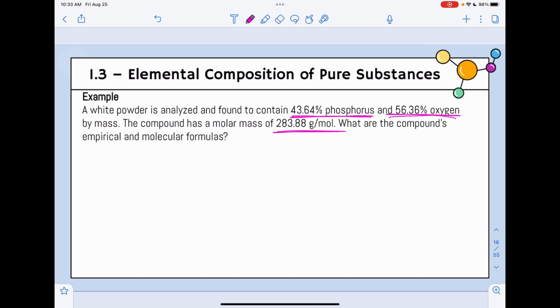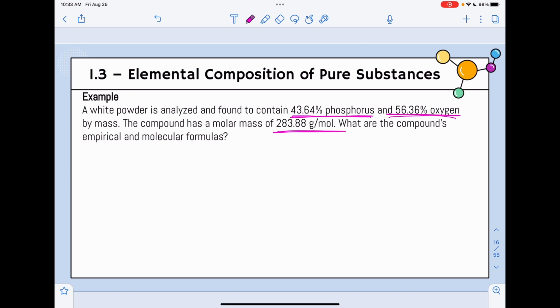Okay, so we can treat this problem exactly the same way that we did with the previous one. We can assume the percents are grams if we assume 100 grams of the sample. I'm going to show you a different route that will get you the same answer. In my opinion, it's about the same amount of work, so you can choose whichever method works for you. Instead of assuming 100 grams of the sample, we're going to assume 1 mole of the sample, which means that we have 283.88 grams.